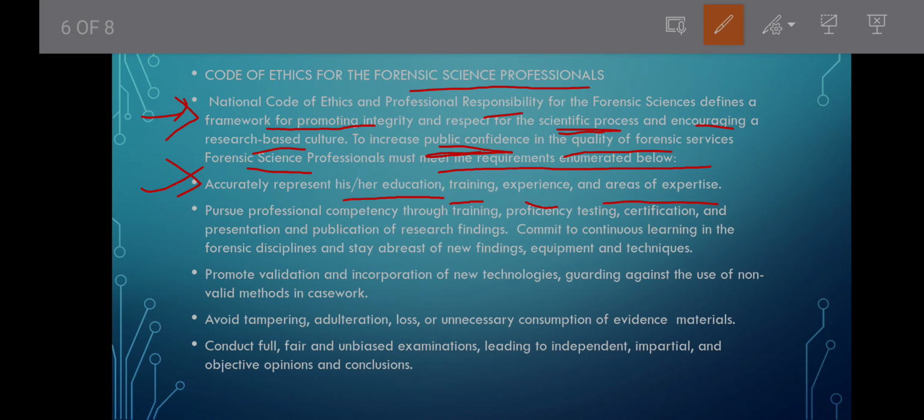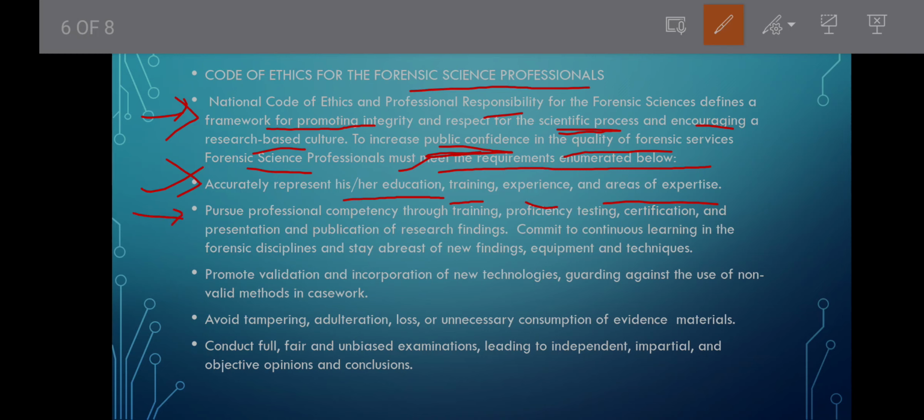Whoever has studied forensic science or is recruited as an expert should represent his education, training and expertise in that subject ethically.